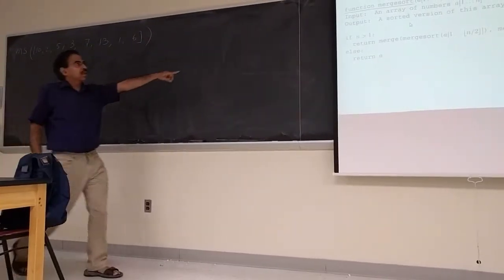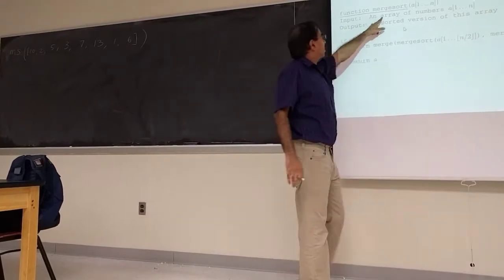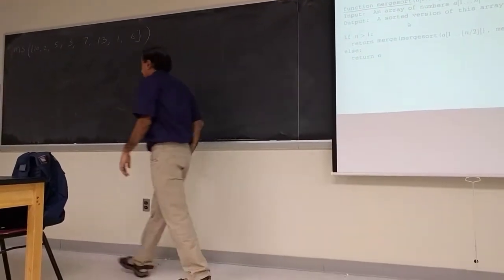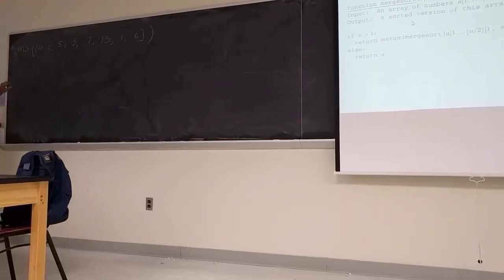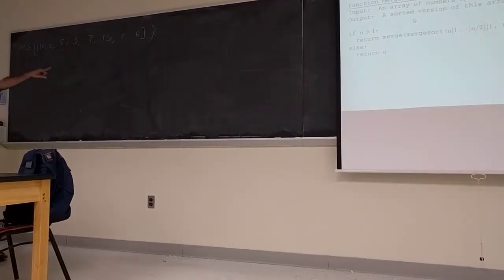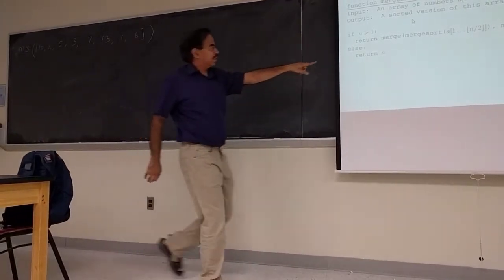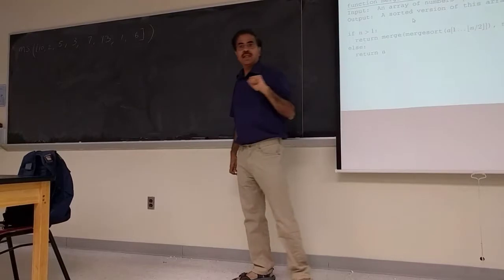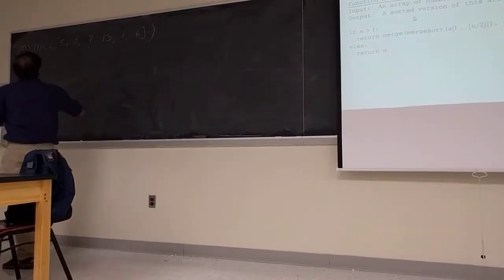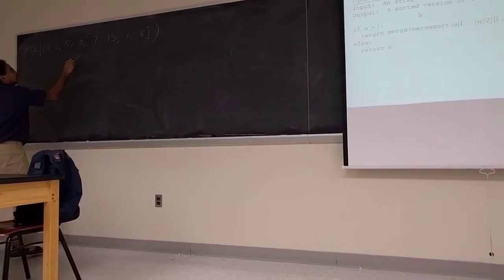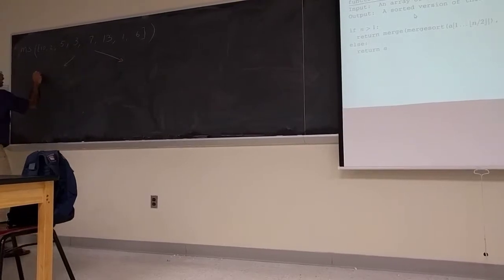So at the very top level, this is the array that we want to sort. We are going to call merge sort on this array, and since I don't want to write merge sort every time, I'll abbreviate it as MS. So I call MS, and you can see that it calls MS recursively on the two halves.